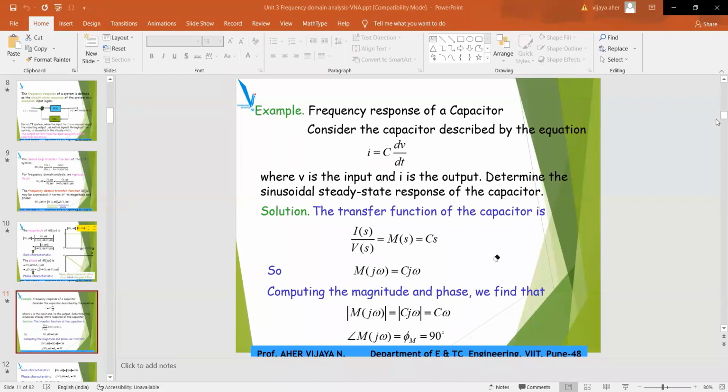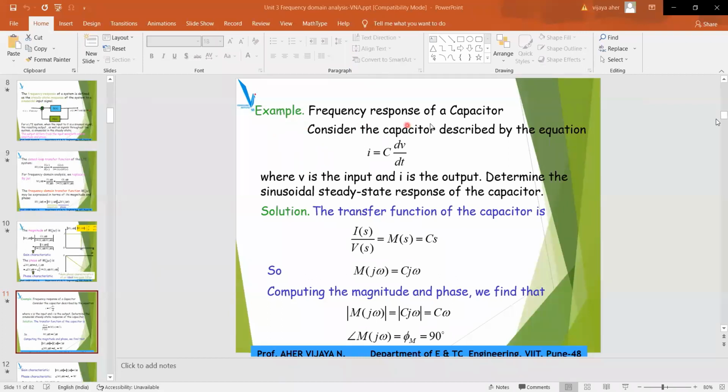Students, you are supposed to write this example. You might have studied the response and equation for current and voltage for capacitor in basic electrical engineering. The same example I have taken over here in order to explain the frequency domain analysis.